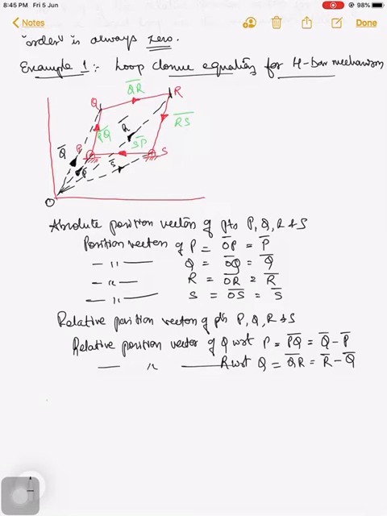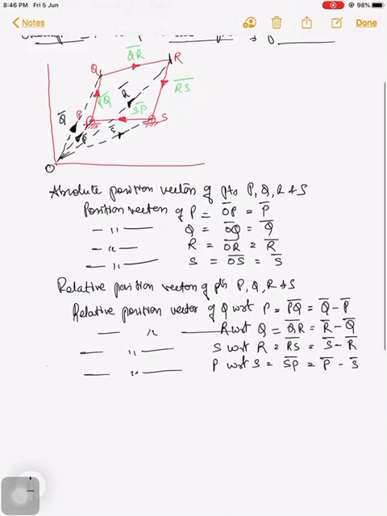Similarly, the relative position vector of S with respect to R is given by the vector RS, and it is given by vector S minus vector R. Similarly, the relative position vector of P with respect to S is given by vector SP, that is vector P minus vector S.